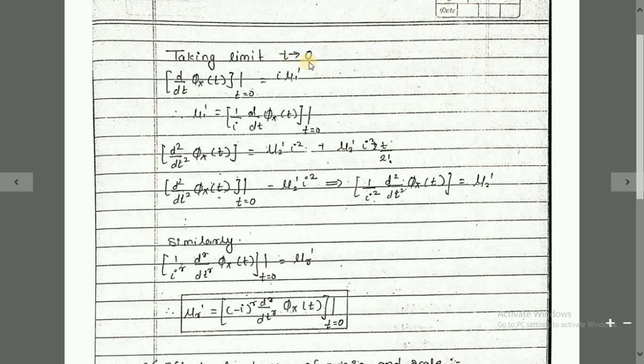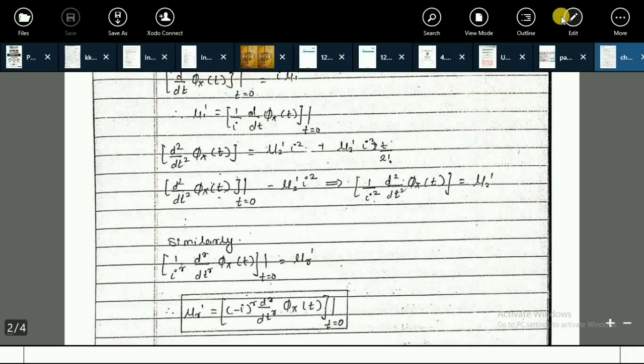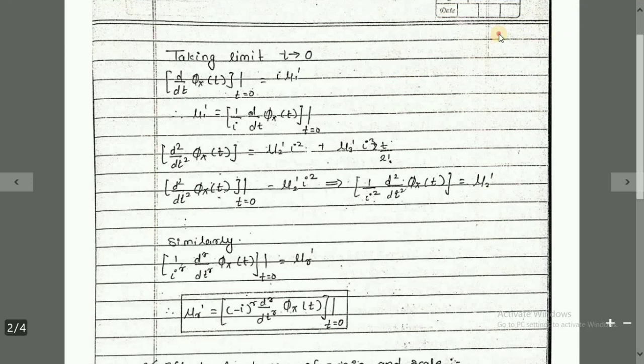Taking limit t tends to 0, d by dt of phi X of t at t is equal to 0 is i mu1 prime. Therefore mu1 prime is 1 upon i d by dt of phi X of t at t is equal to 0.